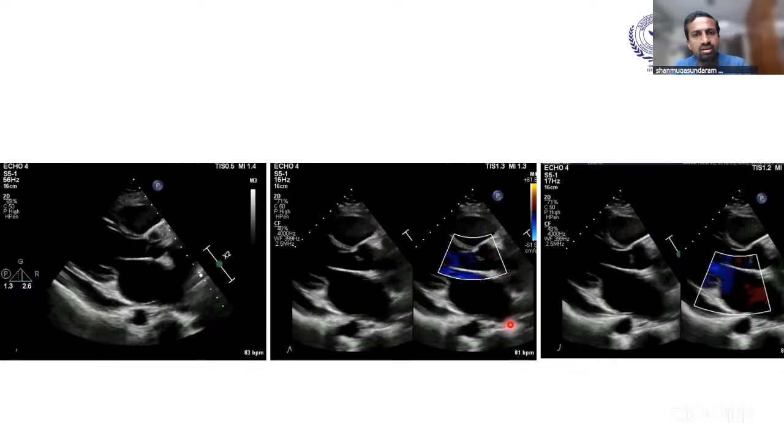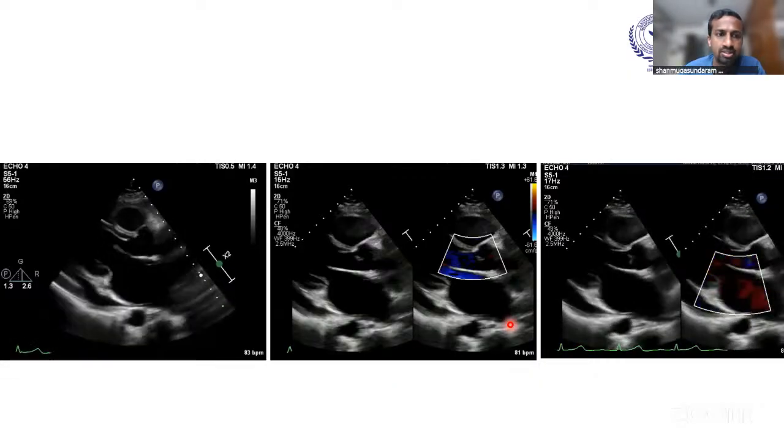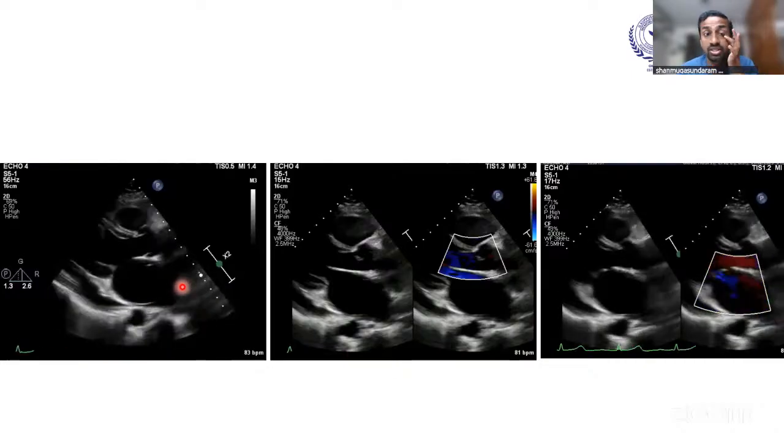When we saw her after the clinical worsening, the thickening appeared more. Regarding the magnitude of thickening to suspect this endocardial inflammation, I'm not sure whether we could identify it only if it is significantly thickened endocardium, as we saw during the subsequent clinical worsening. This was the first finding, which in fact we missed during the initial echo.